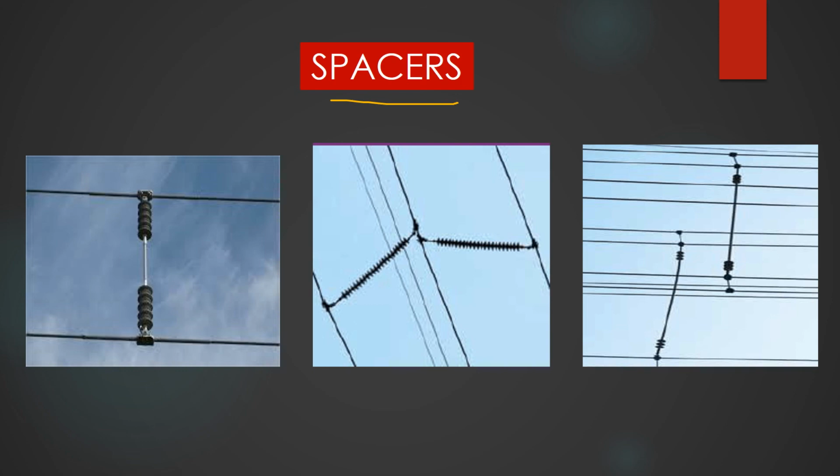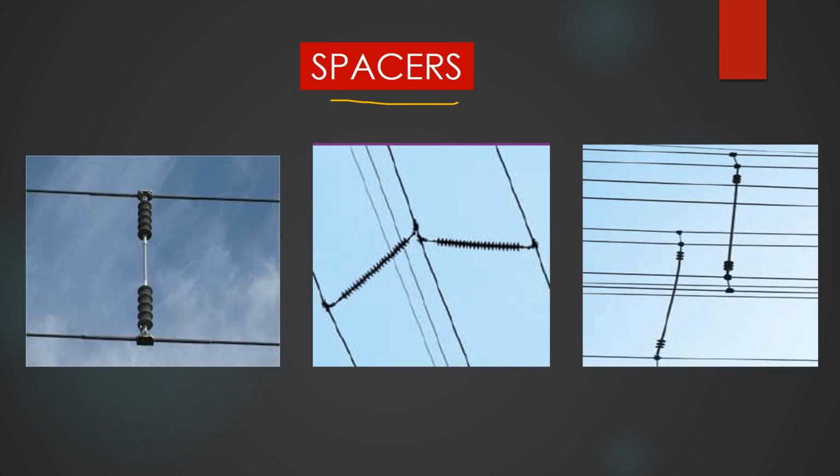Also, with the help of spacers, we can prevent the knocking together of the conductors and avoid any damage done when the two conductors come in contact with each other. They are also used if any vibration occurs in the conductors. With the help of spacers, we can restrict the conductors to maintain a particular distance.